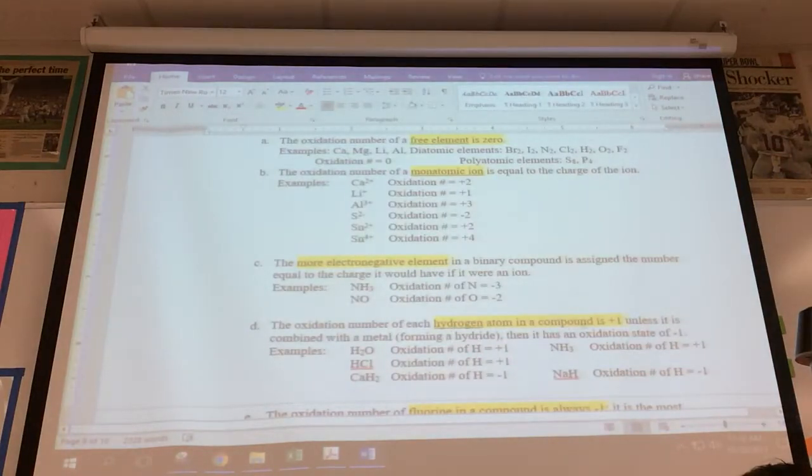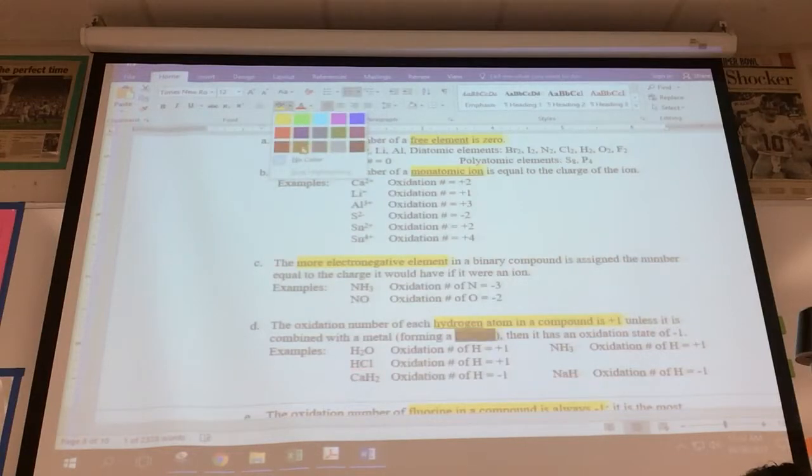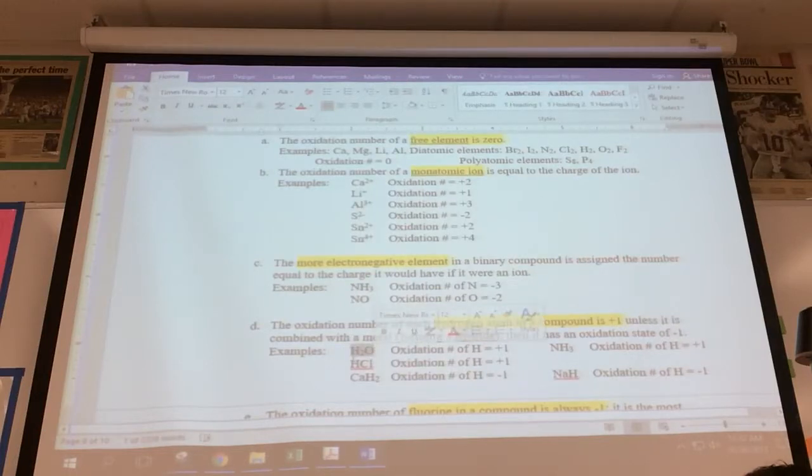The oxidation number of each hydrogen atom in a compound is +1 unless you have a hydride. If you have a hydride, you will have a metal and then H. So, for example, in water, the H is +1.